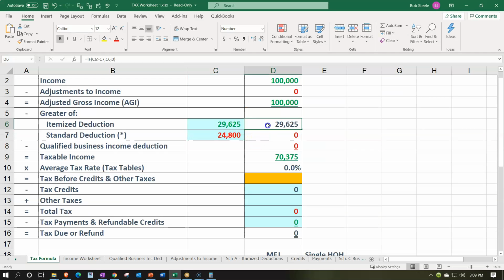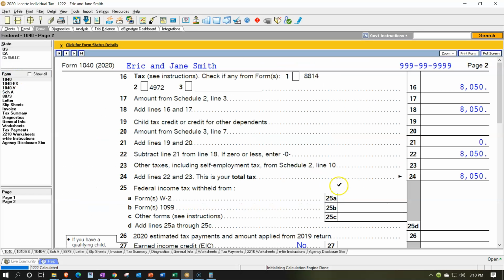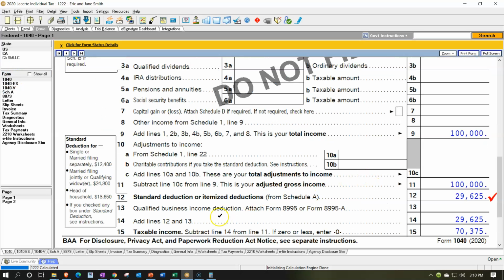So now it's taking the bigger of the two, and you can compare them in your worksheet using this formula. Now we've got our 100,000 minus the itemized deduction, getting us to the taxable income of the 70,375. And then if I go back to the 1040, we've got the 70,375.